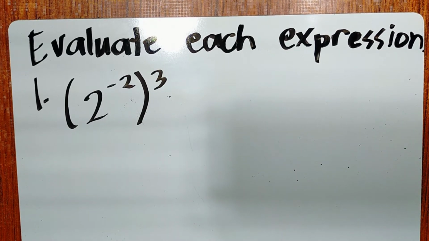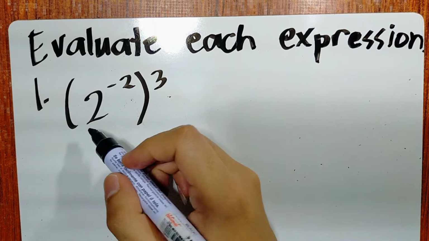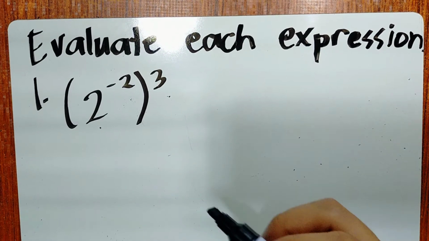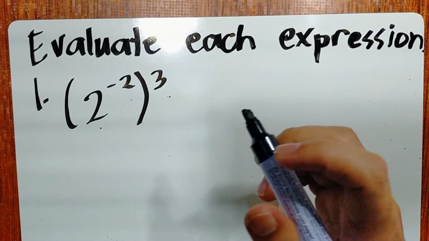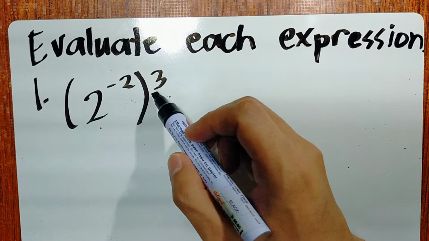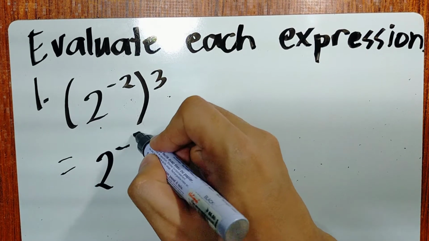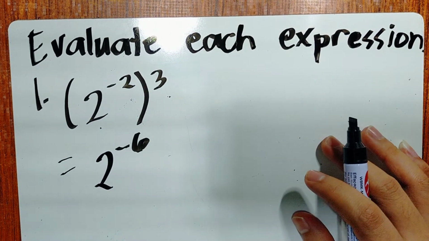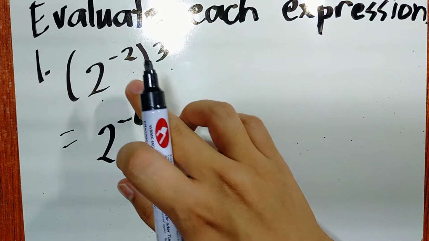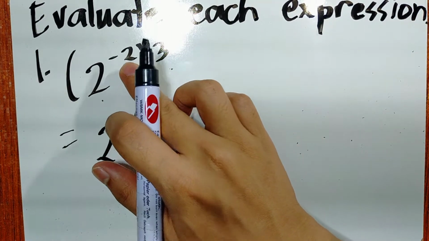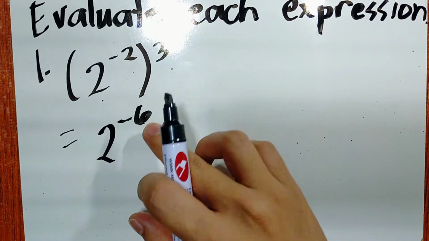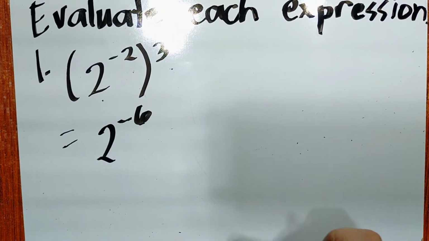So, gagamitin natin ulit yung power to power rule. Kasi isa lang naman to. Product to power rule kapag mas marami sa isa. Okay. So, 2 raised to negative 2 raised to positive 3. So, this will become 2 raised to negative 6. Okay. So, again, minultiply natin yung negative 2 sa positive 3. So, that would be negative 6.